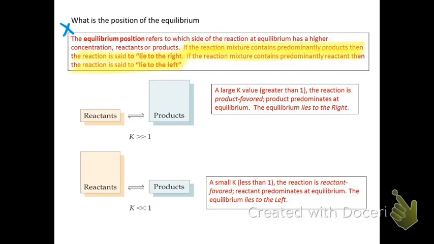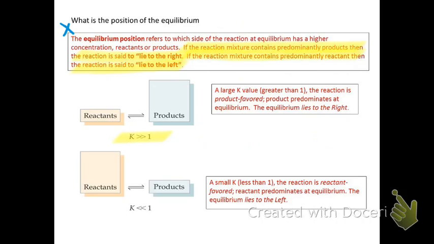So again, if there's a higher concentration of products at equilibrium, the equilibrium position lies to the right. If there is more reactant concentration than product, then the equilibrium lies to the left. And this is important because it associates with the K value, the equilibrium constant, or Kc.